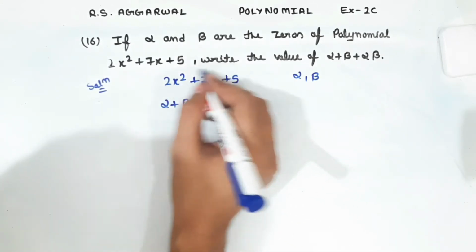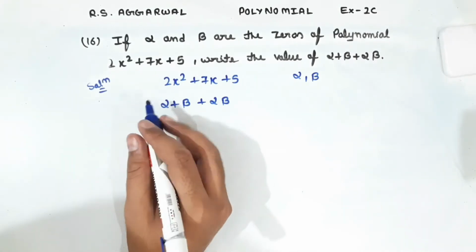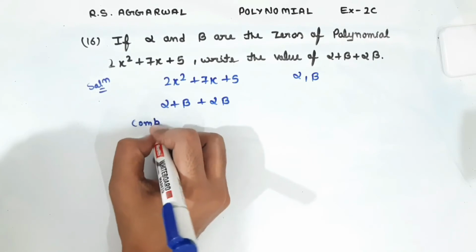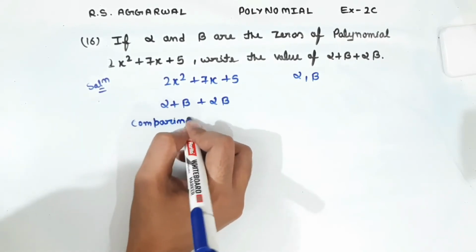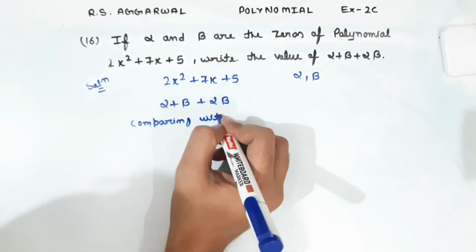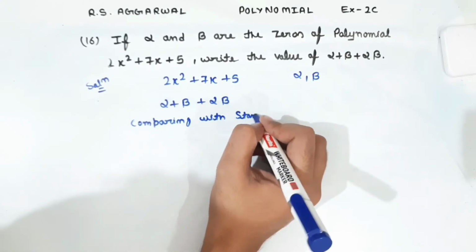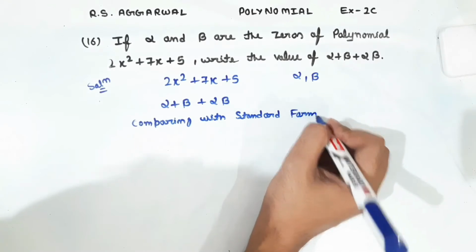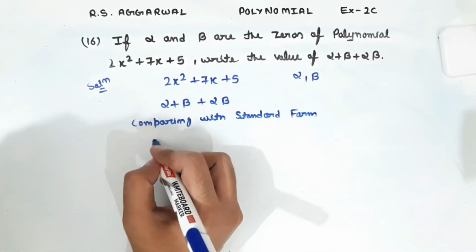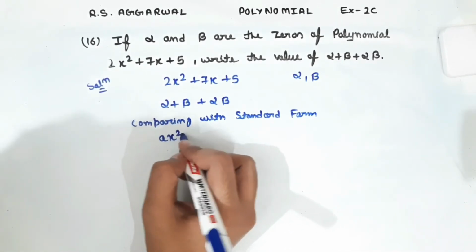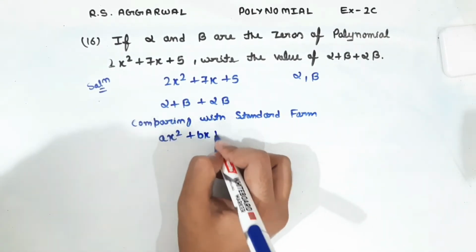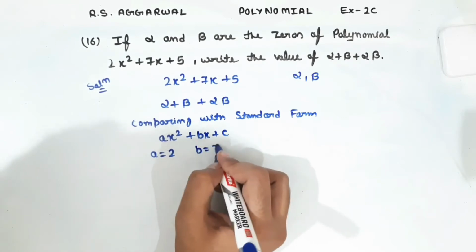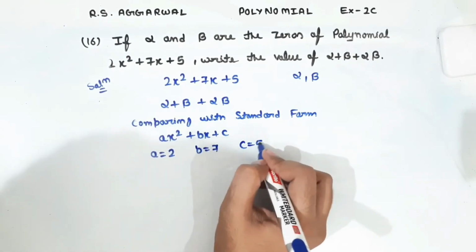So we have given this polynomial. So now comparing with the standard form ax square plus bx plus c, a will be equal to 2, b will be equal to 7 and c will be equal to 5.